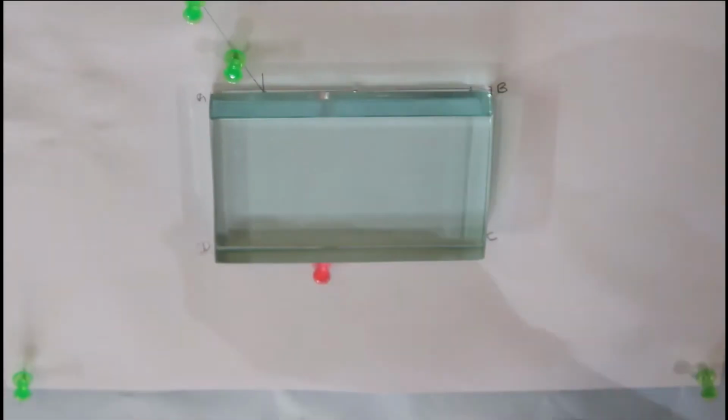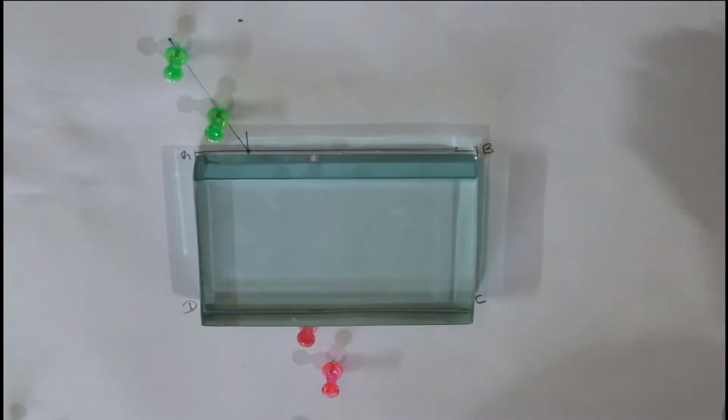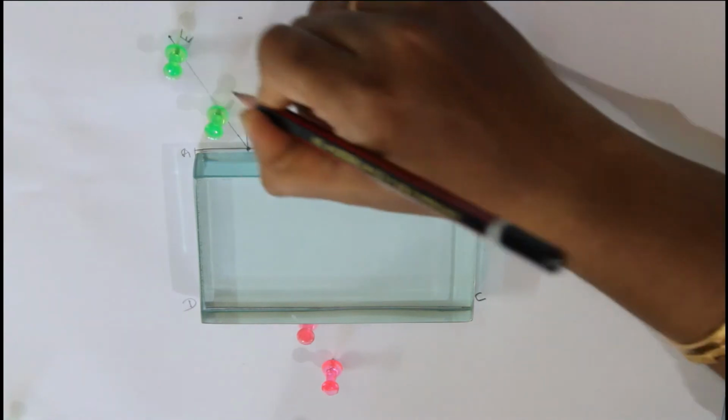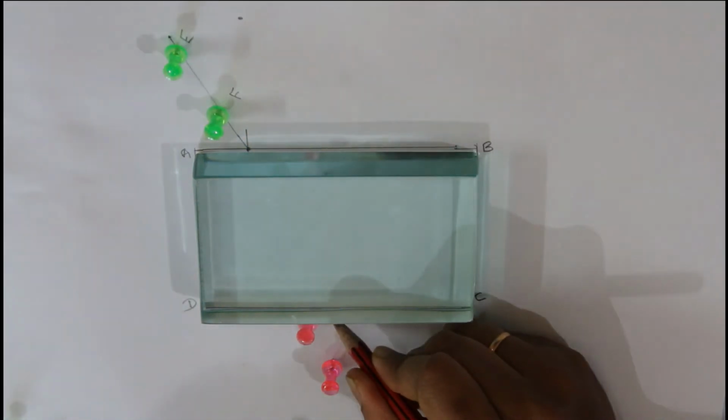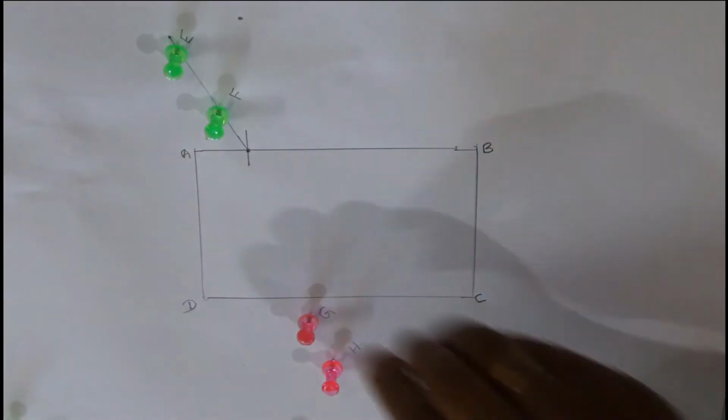Okay, when I look from this side, I can see that these two pins are arranged exactly in a straight line. So I'll see the position where it is exactly in a straight line. I'll put these pins. Okay, now I will remove the glass slab and all the pins. Try to join all the points now.